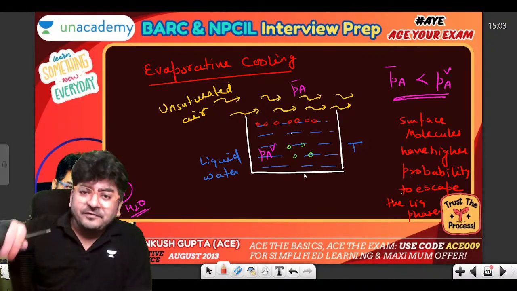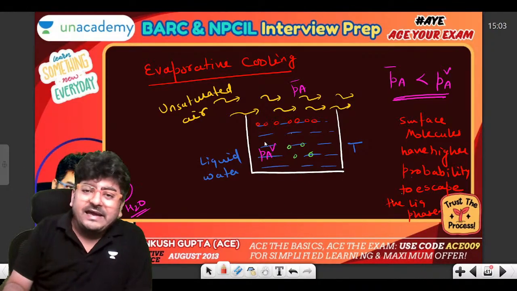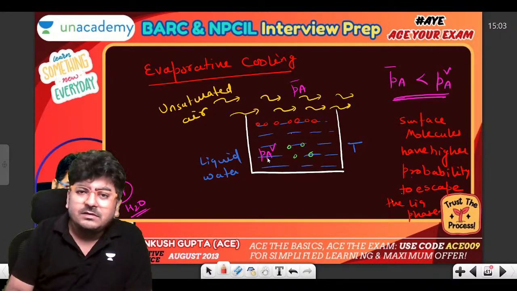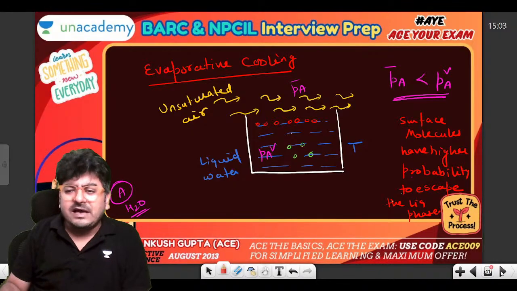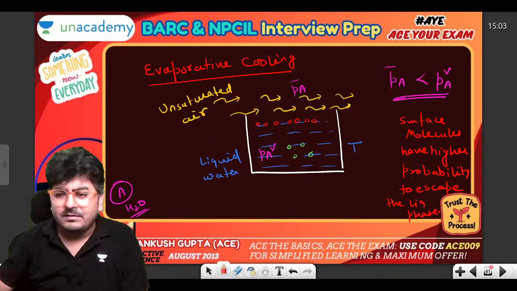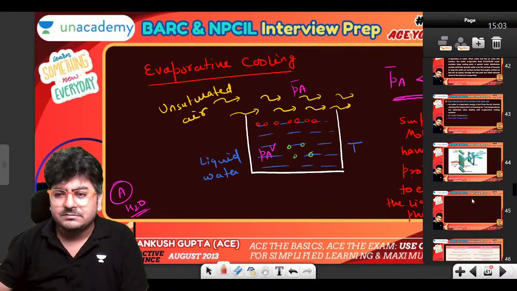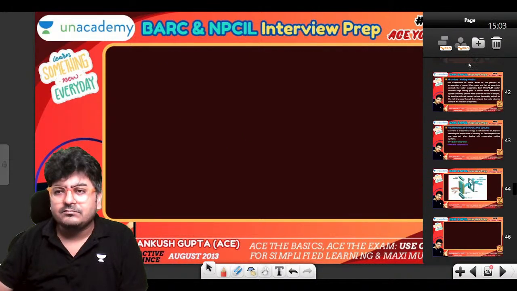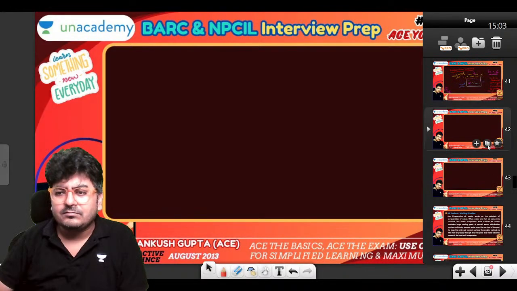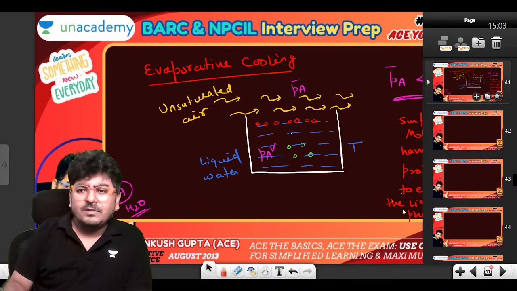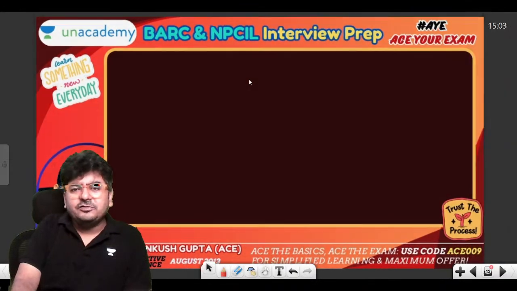Now these surface molecules will escape. They will try to diffuse into the air. But can they go in the air? Can they diffuse in air directly? No. Because you must have studied, what is diffusion?